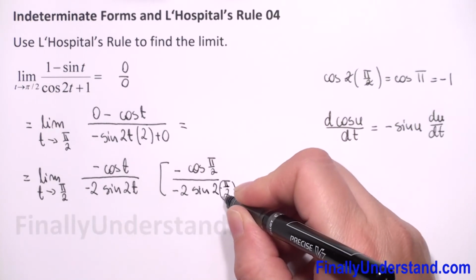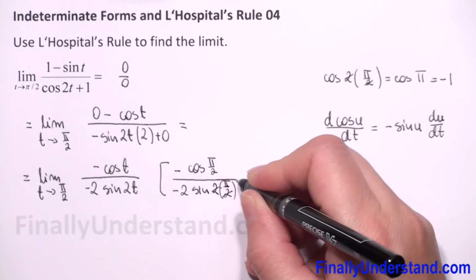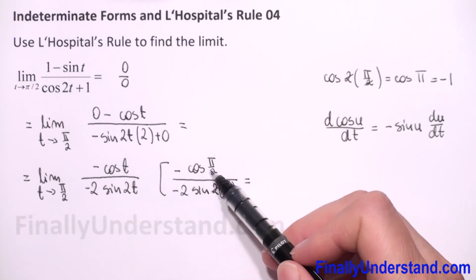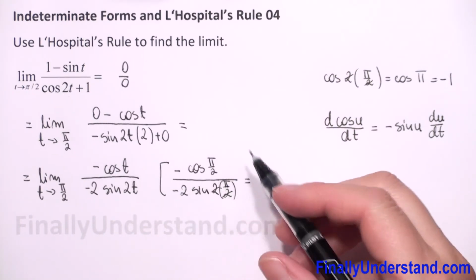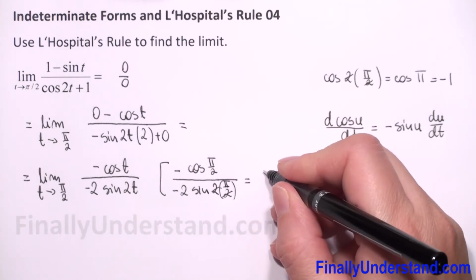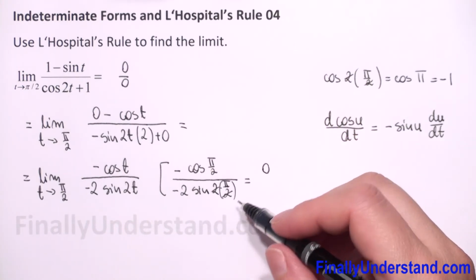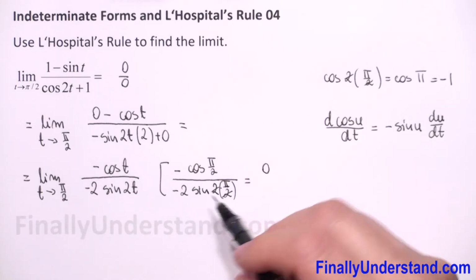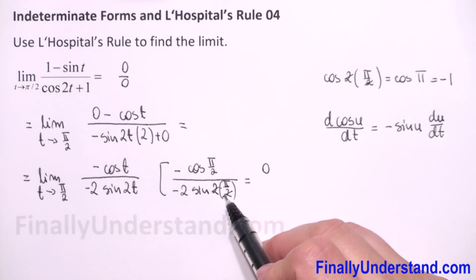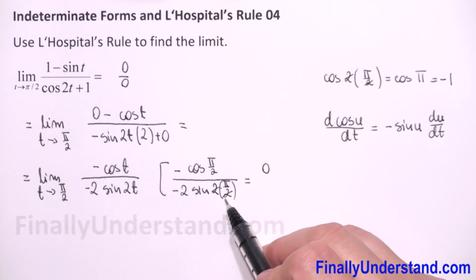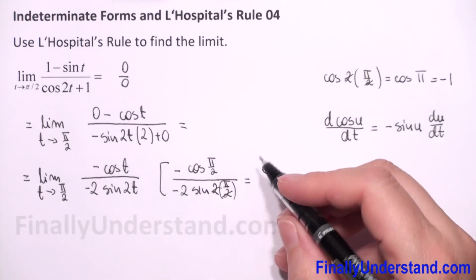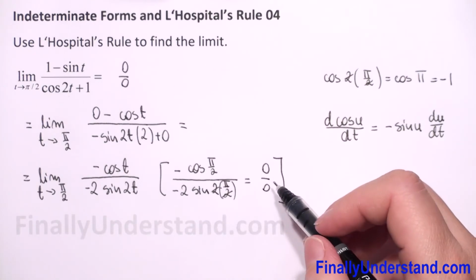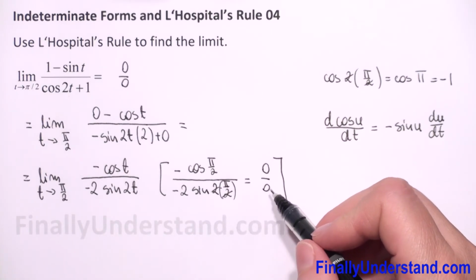So we can reduce 2 with 2, and we have cosine of pi over 2 is 0. So we have 0 in the numerator, and in the denominator we have negative 2 times sine of pi. Sine of pi is 0, so negative 2 times 0 is 0. So again we got indeterminate form 0 over 0.